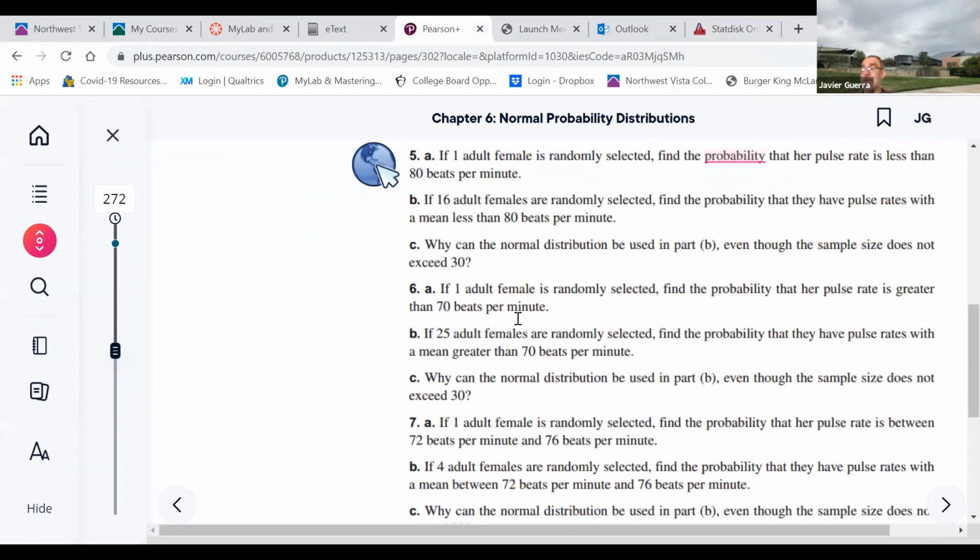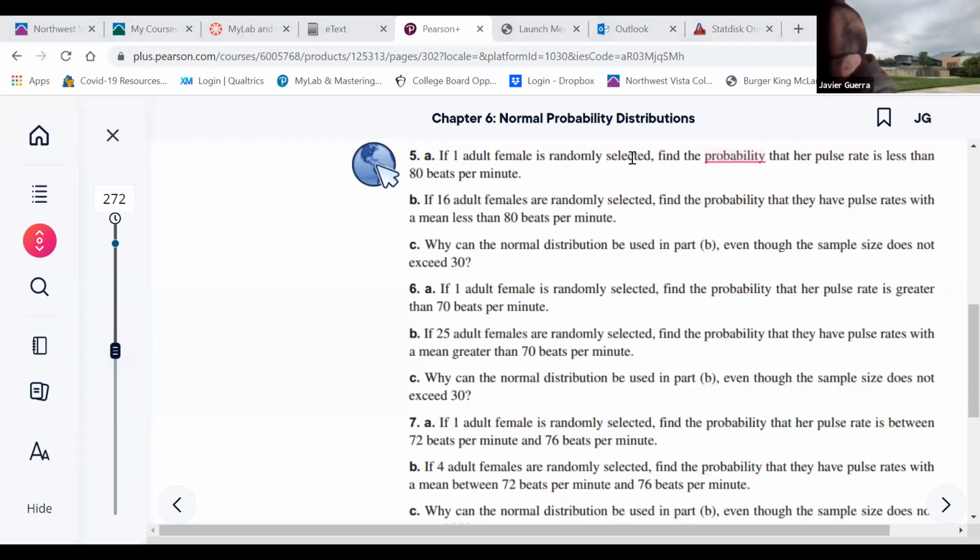How many samples are being conducted for part B? Is it one or is it multiple? Multiple, that's correct.